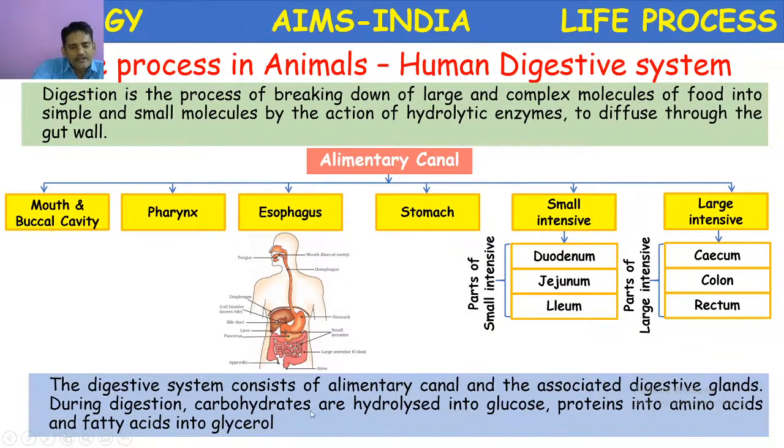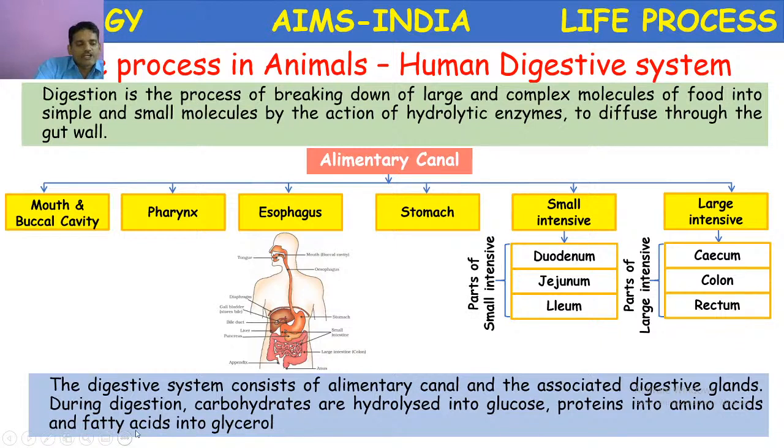During digestion, carbohydrates are hydrolyzed into glucose by the action of amylase enzyme, and proteins are digested into amino acids by the action of proteolytic enzymes like trypsin, chymotrypsin, amylopsin, etc. Next, fats are digested by the action of lipase enzyme.